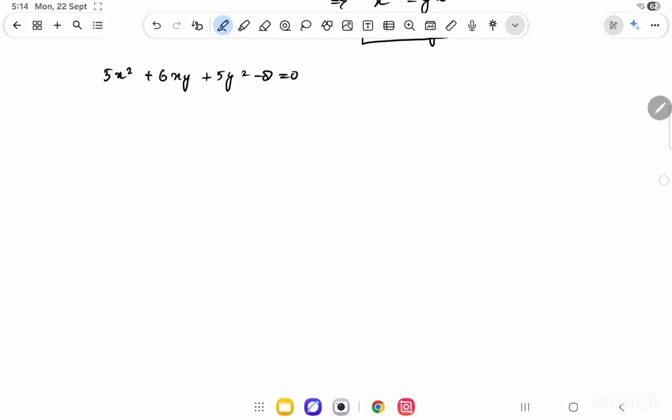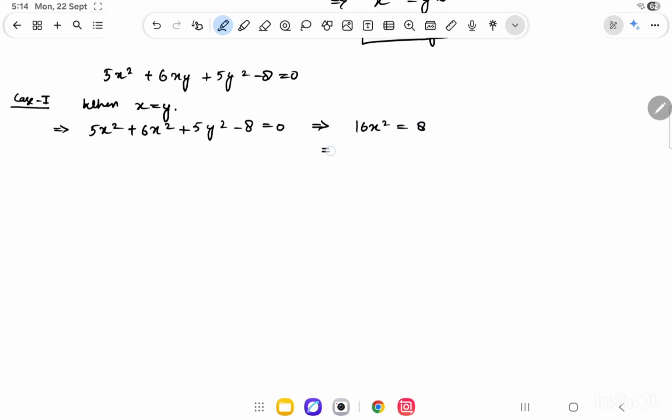Now case 1, when x is equal to y, it reduces to 5x square plus 6x square plus 5x square minus 8 equals 0. So from here I get 16x square equals 8, that is x square equals 1 by 2.